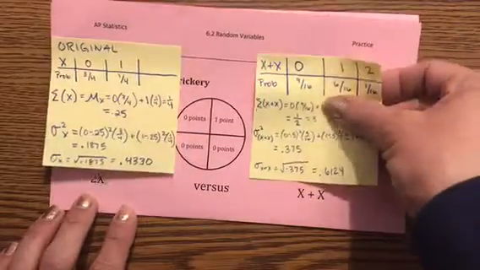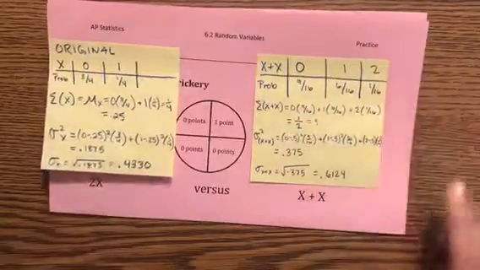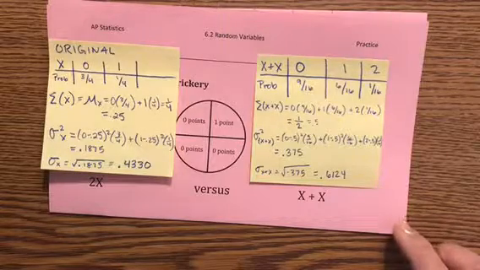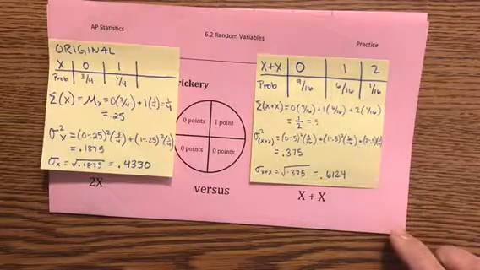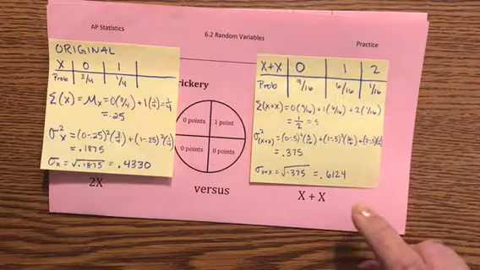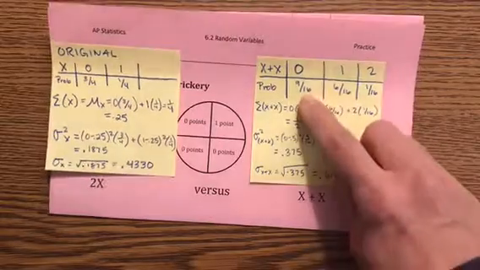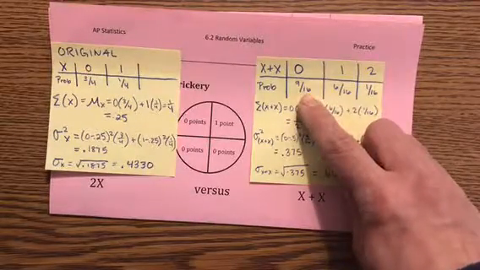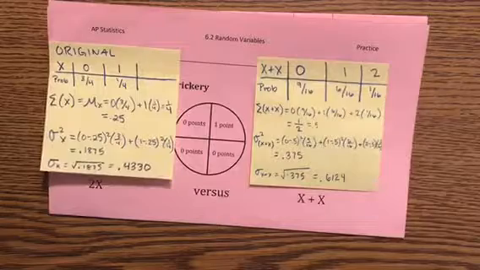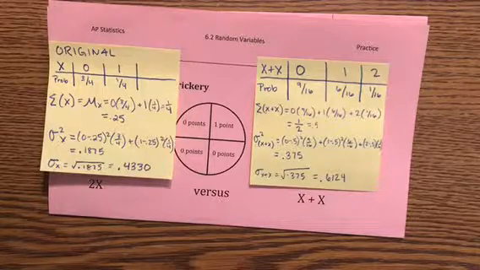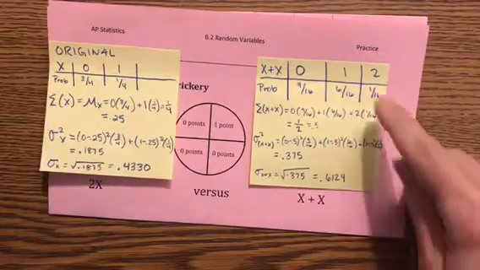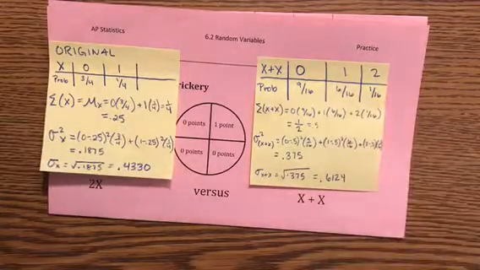Here is the distribution for playing this twice. If I play this game twice, then I get either an outcome of 0 points or an outcome of 1 point, and then an outcome of 2 points, and the probability breakdown is below.